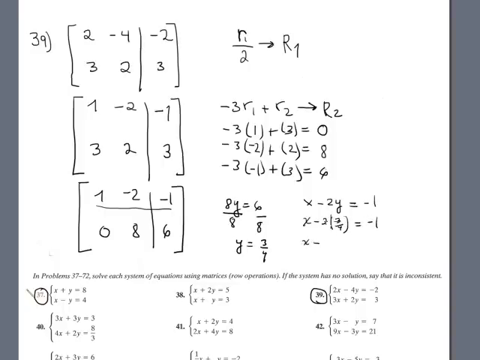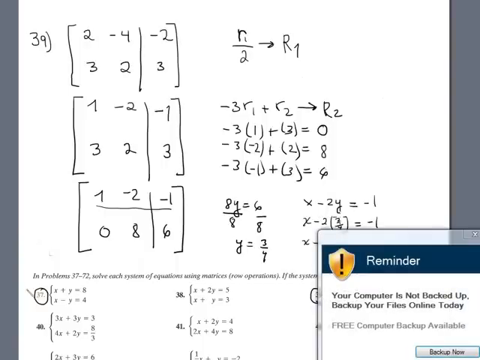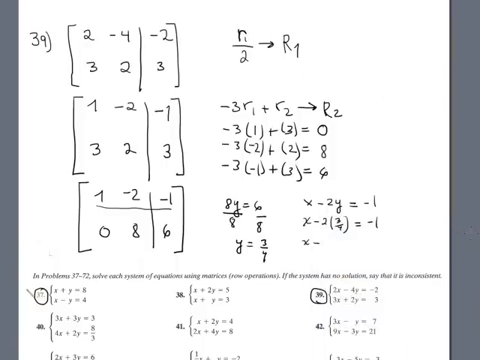X minus, simplifying here, divided by 2, is 3/2 equals -1. Then x is equal to -1 plus 3/2, which is 1/2. Now the solution set then is the ordered pair (1/2, 3/4).